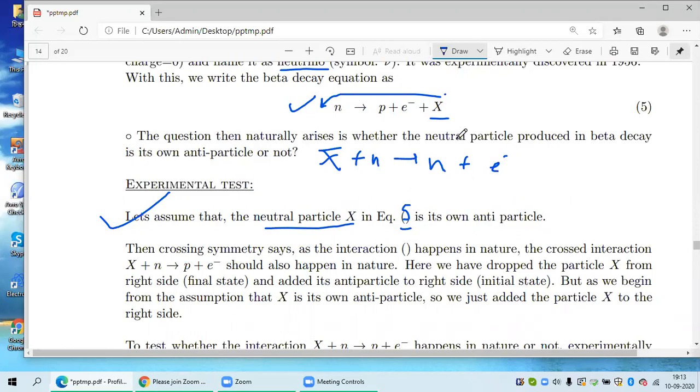Now we have assumed that X and X bar are the same, X is its own antiparticle.